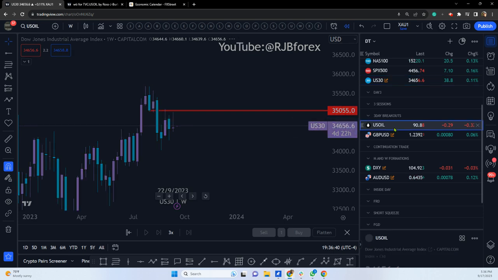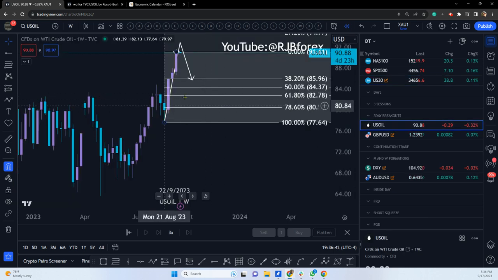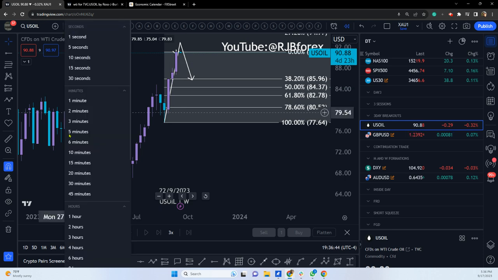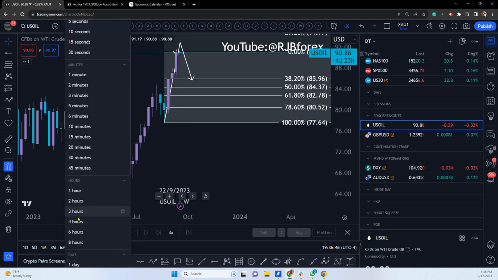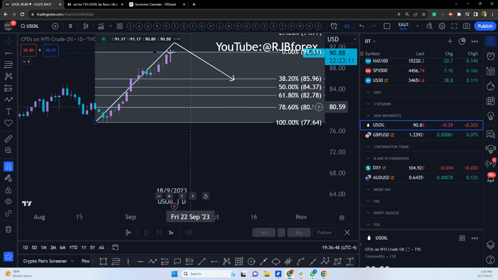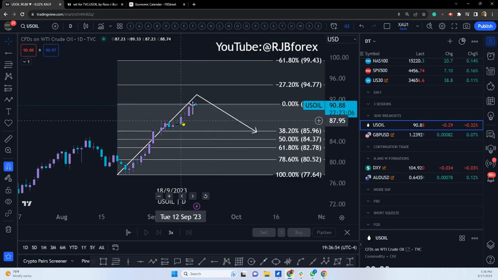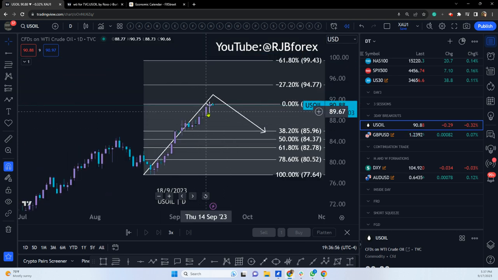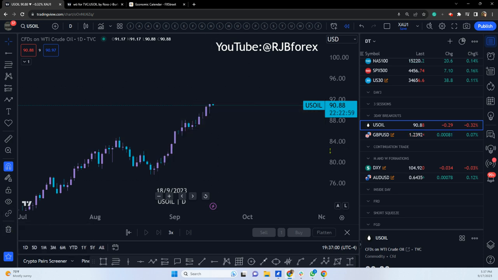Moving to oil now. We've had 1, 2, 3 weeks here of breakouts to the upside. Three days of breakouts to the upside as well. Closing pretty firm on Friday.